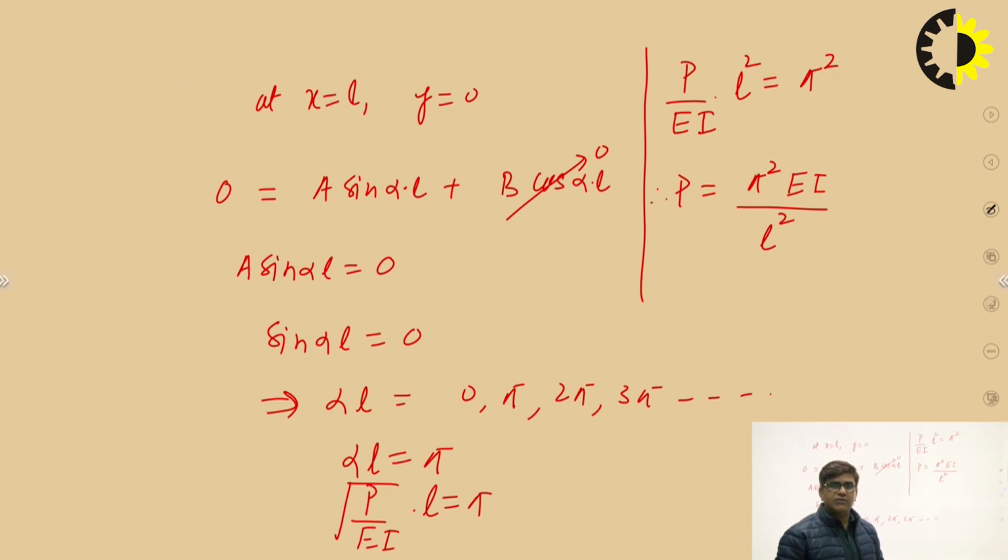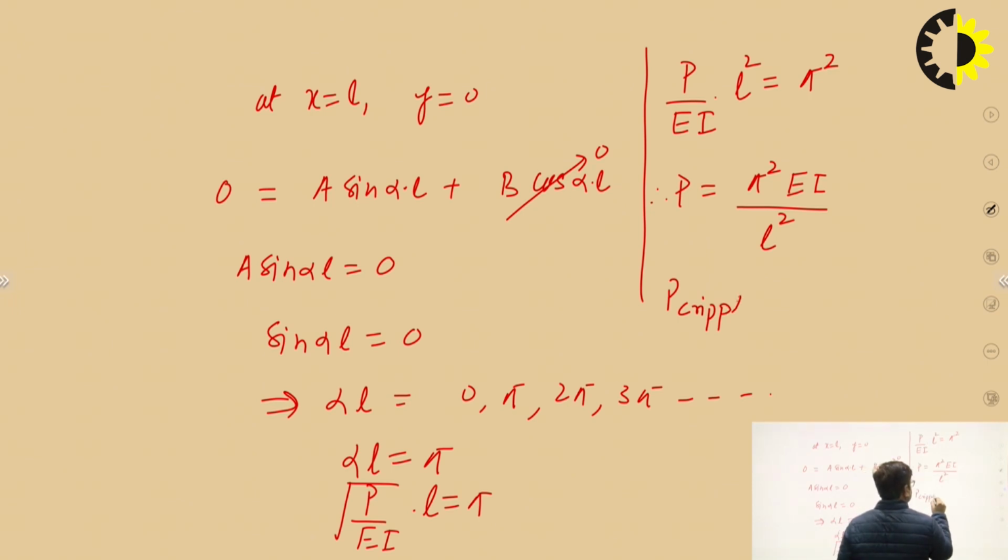There are two moments of inertia; out of those two, if one is more and one is less, then we will consider the least moment of inertia. So this is the crippling load, P crippling, that is pi square EI upon L square.